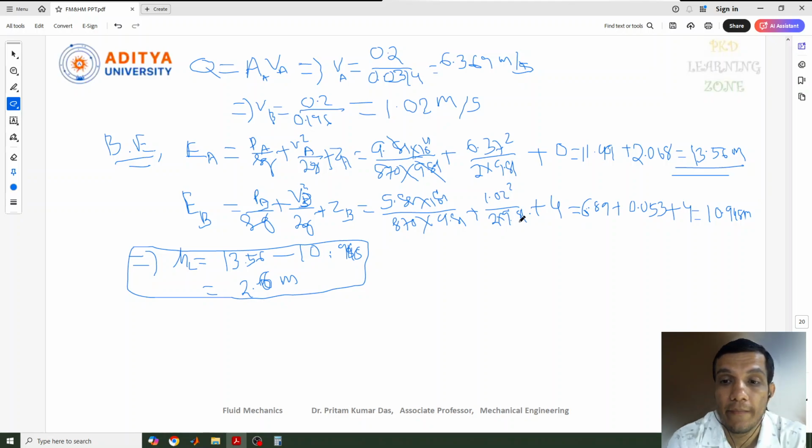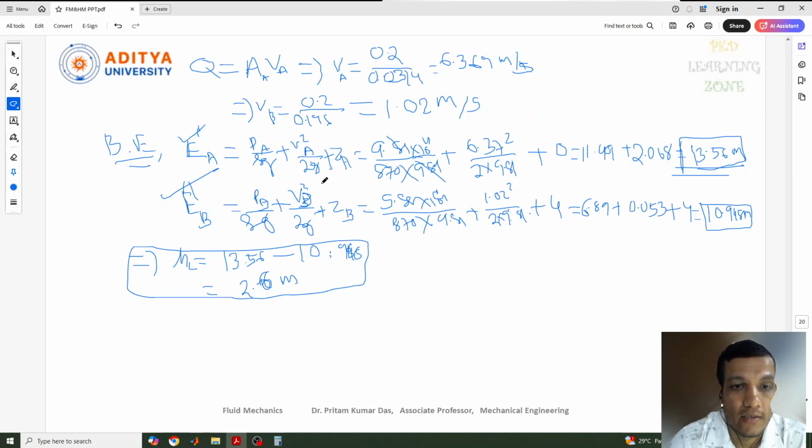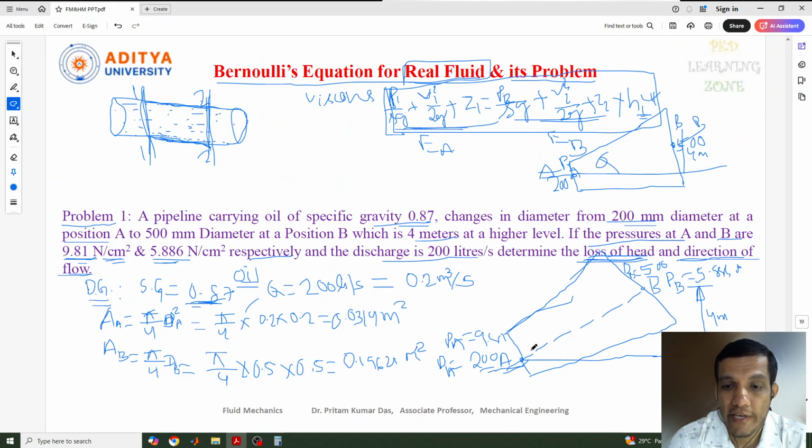Now the energy at the A point is 13.6 and the energy at the B point is 10.948. So EA is more than EB, and we can say the flow is taking place from A to B, because the energy is more here and less here.